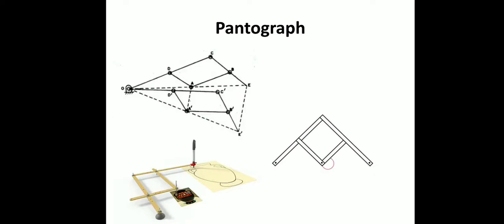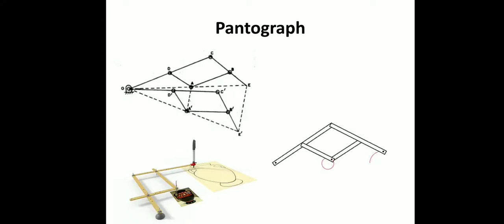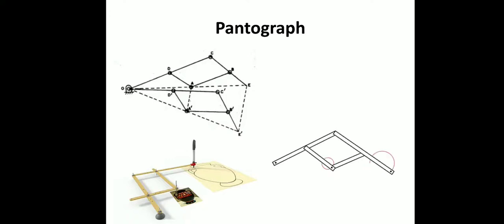A pantograph is a device which is used for enlarging a drawing from small scale to large scale, or it can also be used for reducing the size of the figure. It is a four-bar mechanism consisting of extended links.